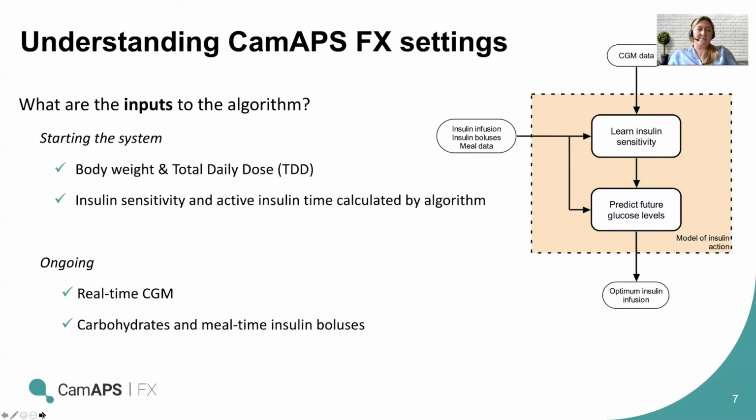And then other than reading the carb ratio direct from the pump for the carbohydrate that's entered in for meal boluses, the rest of the settings are calculated by the algorithm itself. So it learns insulin sensitivity or correction factor and active insulin time as it goes on, and optimizes learning over 2 to 3 weeks. And it adjusts based on the real-time CGM readings.